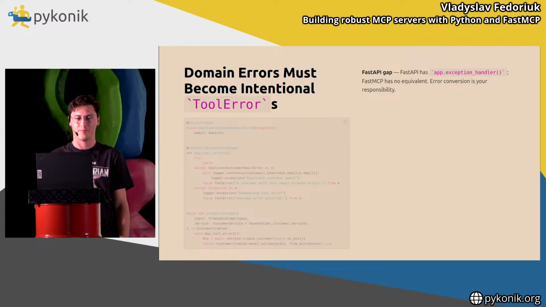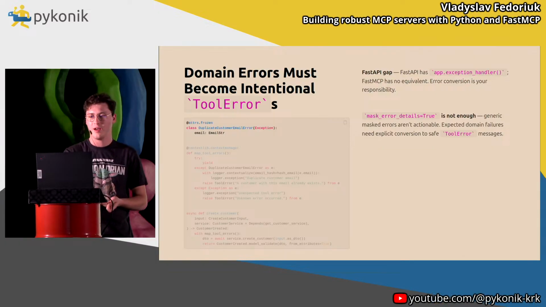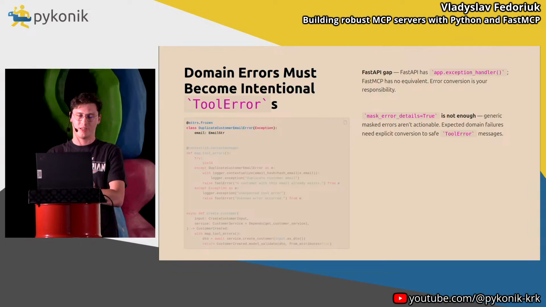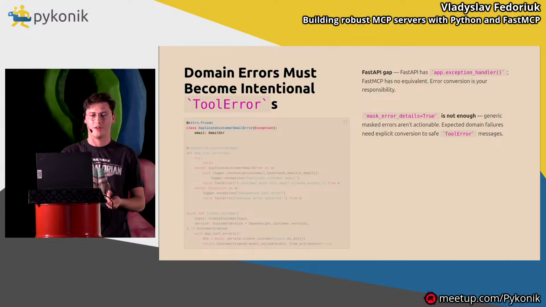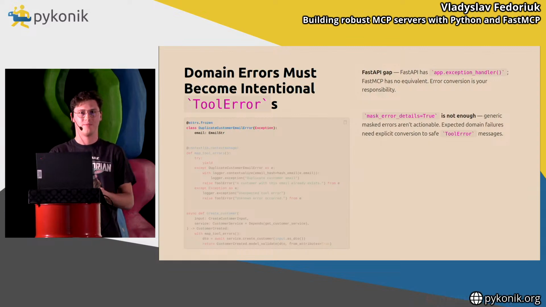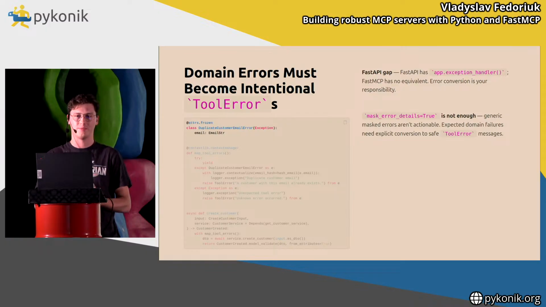For me, a great pattern is to declare custom exceptions, whatever semantic exceptions you need. And if you have mask error details set to true, you would still get generic error messages, which are not useful at all to the model. So you would need to translate them somehow into actionable details which the model can act upon.